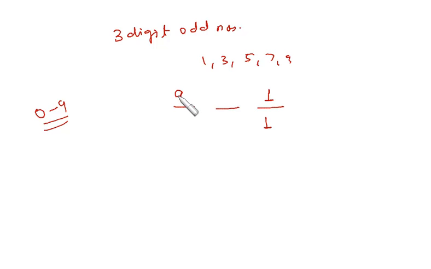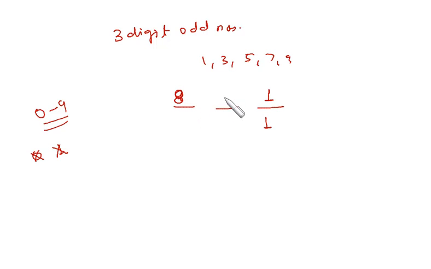Now further listen to me. I don't have 9 choices. Why? Because I have already used up number 1 over here, right? Getting me? I cannot use number 1. So I cannot use 0, I cannot use 1, so I have 8 choices over here, right?